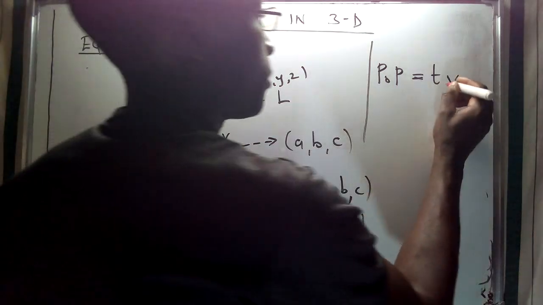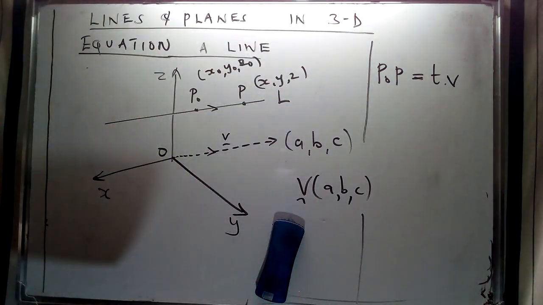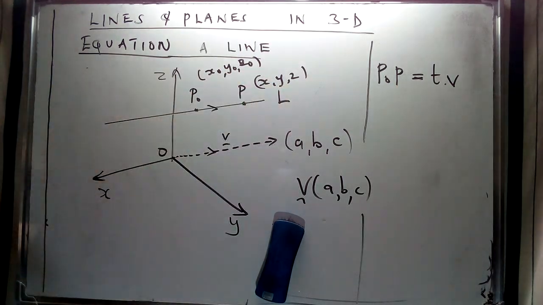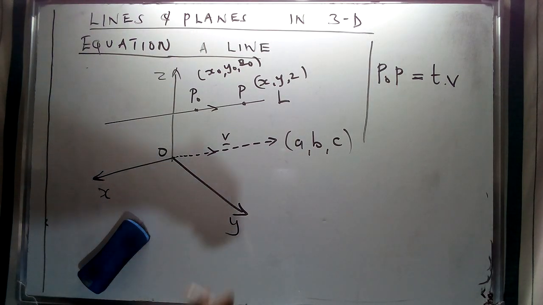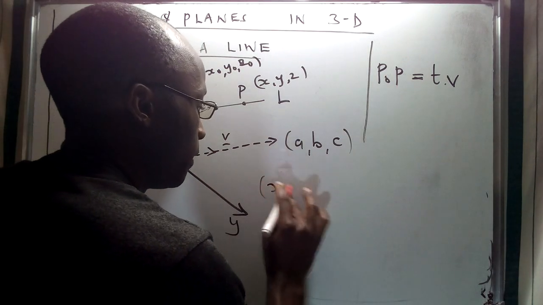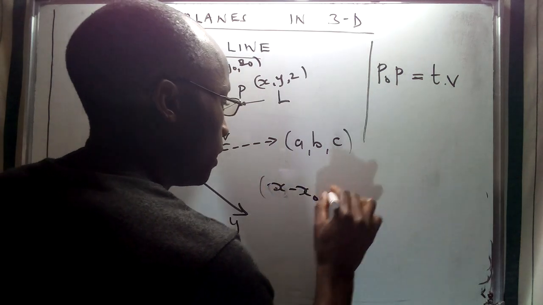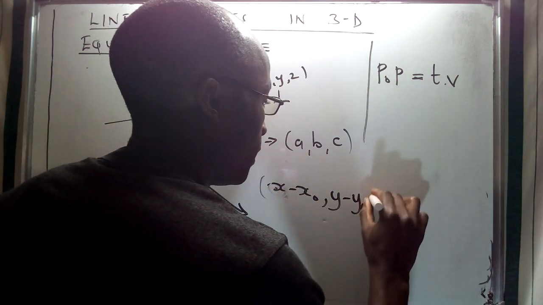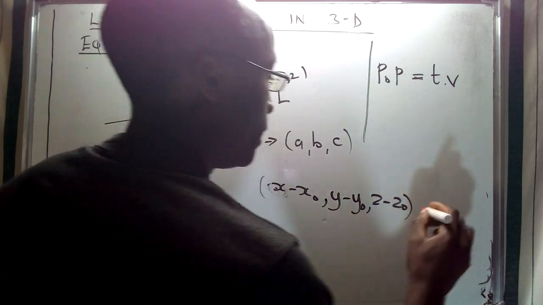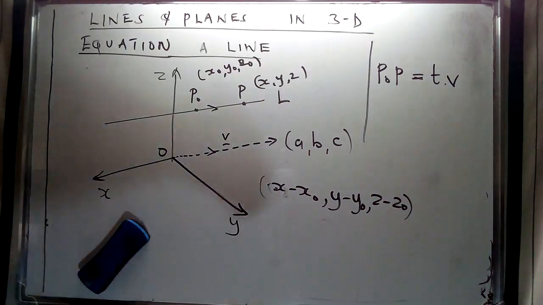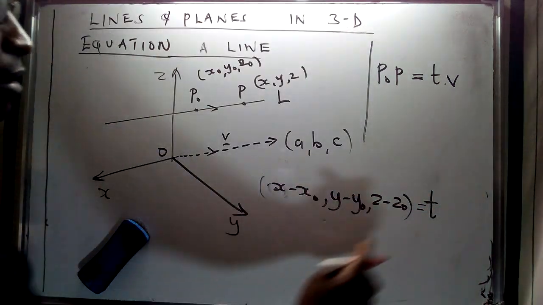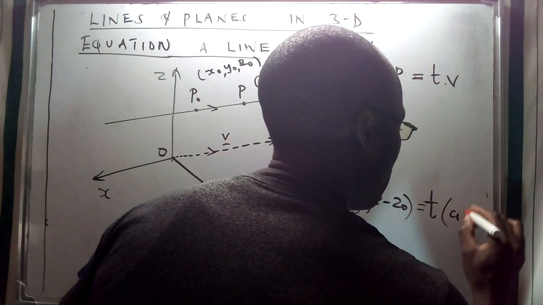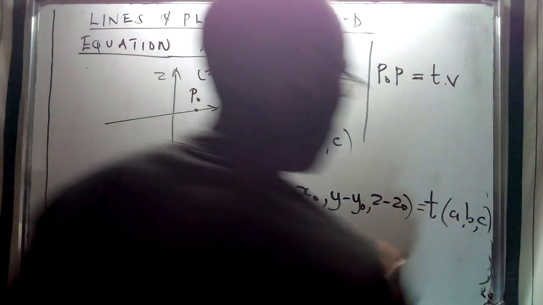So we can give this in terms of differences of vectors as I've done in our first case. This is x minus x0, y minus y0, and z minus z0, and this is equivalent to the multiple of vector v by this scalar t, with a, b, c given as such.